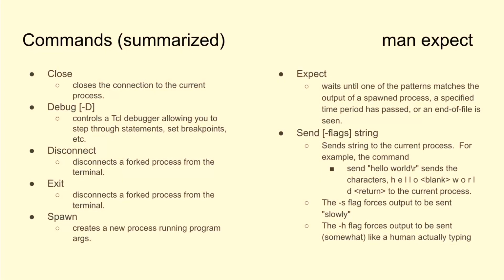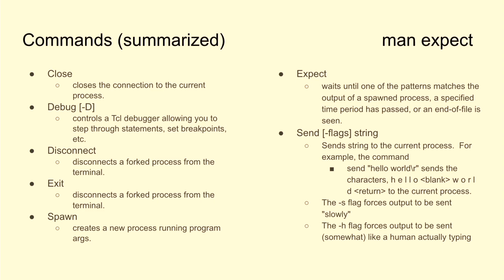All right, let's dive into our most exciting section, everyone's favorite terminal, the man page, so that we can understand a few of the commands that we're going to be using in the script. So this is a summarized view of some of the flags and the overall functionality of Expect.